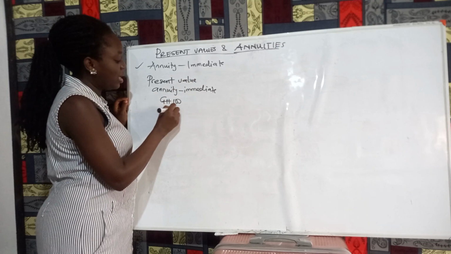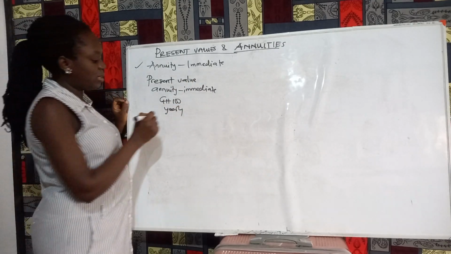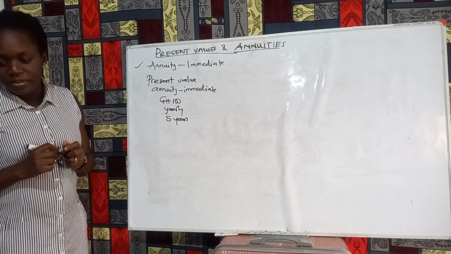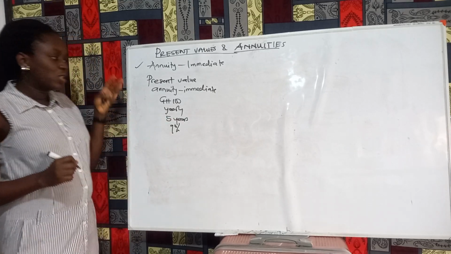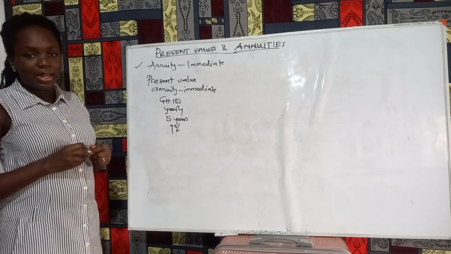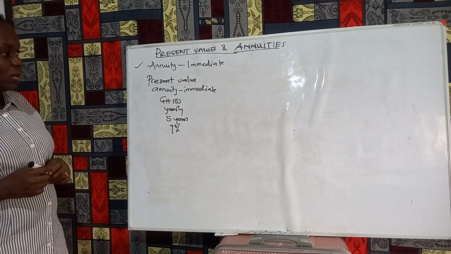The period is yearly. Paid yearly for 5 years, at the rate of 9%. Interest involved is 9%. So we've listed out all that the question is asking us to do, and we want to go ahead and then find the present value.